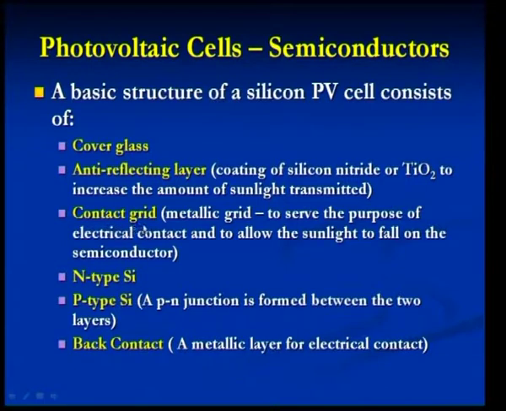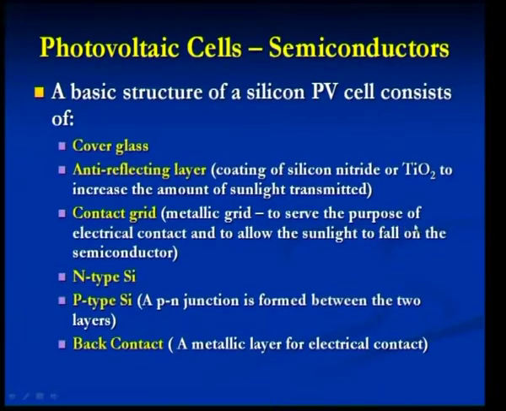Then comes the third layer, the contact grid. This contact grid is essentially a metallic grid, because you need to maintain the conductivity through a metallic conductor, because the electron flows through the metal conductor. Hence, you need a contact grid here to catch hold of your electrons. This is required to serve the purpose of electrical contact and to allow the sunlight to fall on the semiconductor.